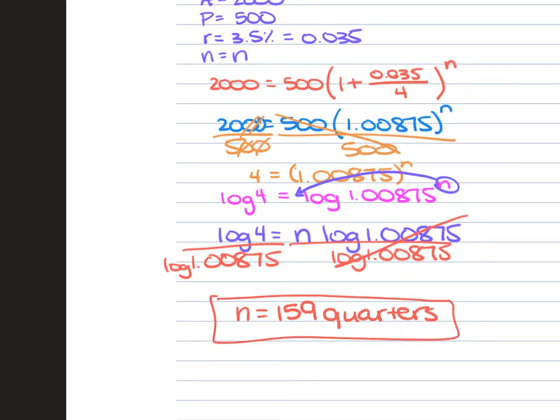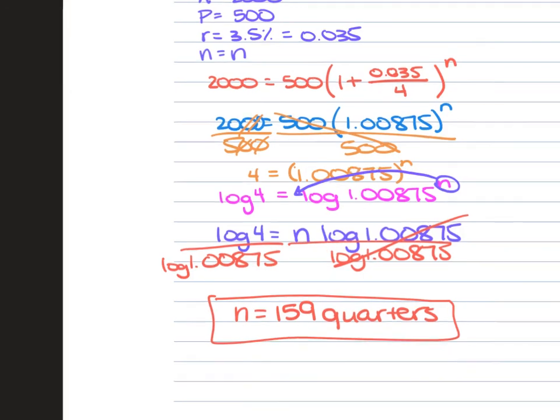A year has 4 quarters, so that would be 12 divided by 4, which is 3 months. So you could do 159 times 3 to get the amount of months if you wanted to. It doesn't ask for that, it just asks how long and doesn't specify, so we can keep it as the 159 quarters.